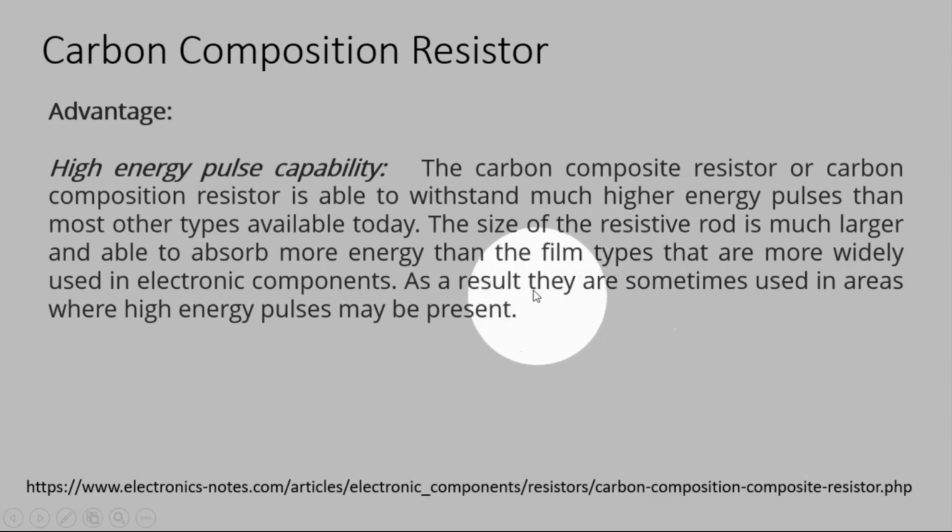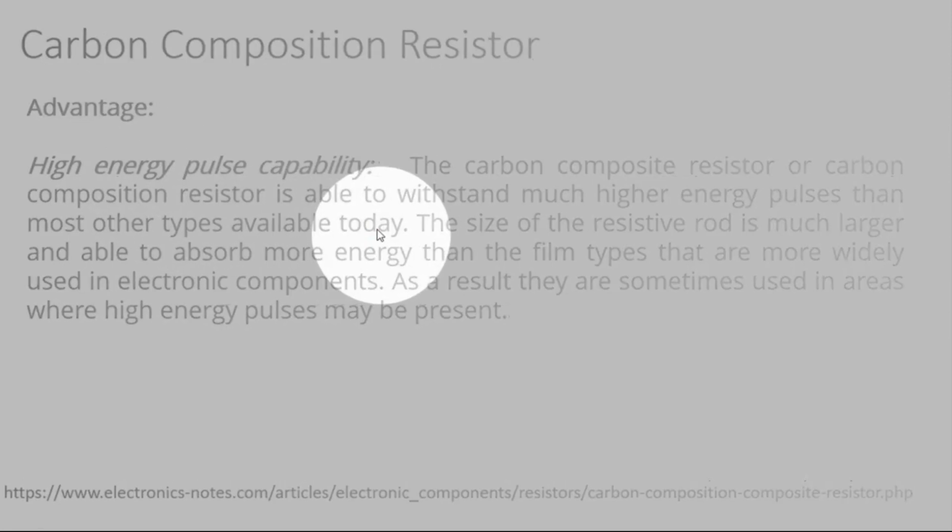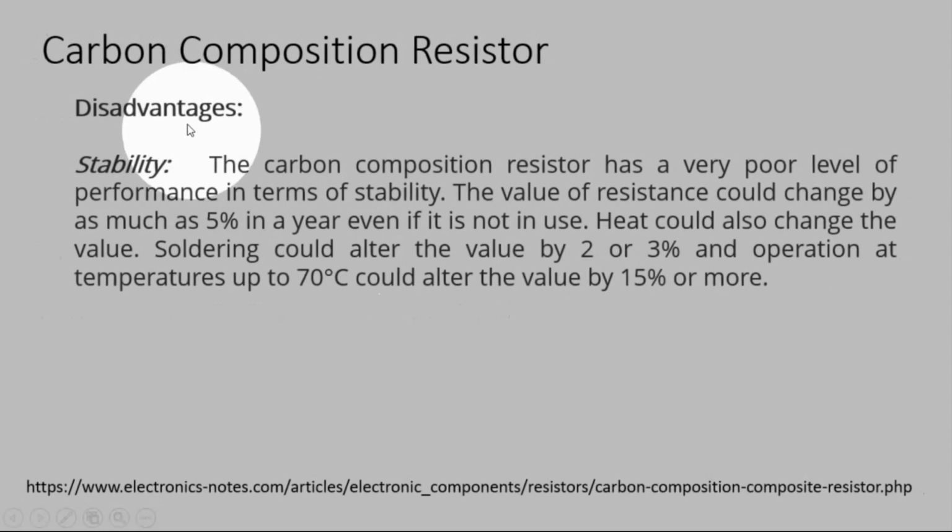As a result, it is sometimes used in areas where high energy pulses may be present. So you use CCR for applications where high energy pulses are present. It has a high energy pulse capability, and it has a disadvantage in its stability.